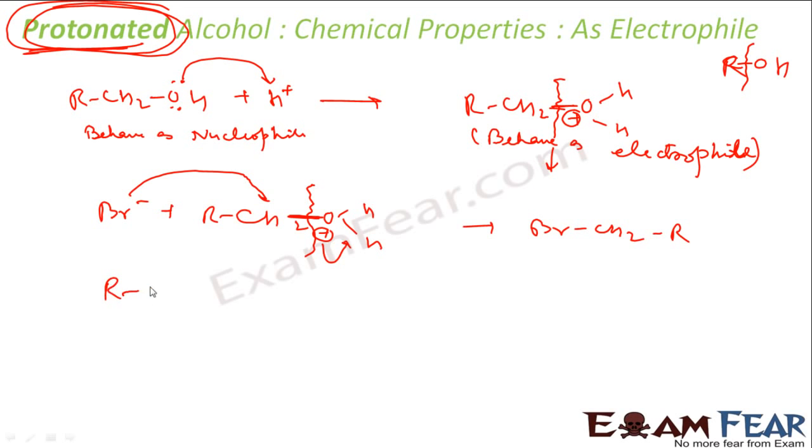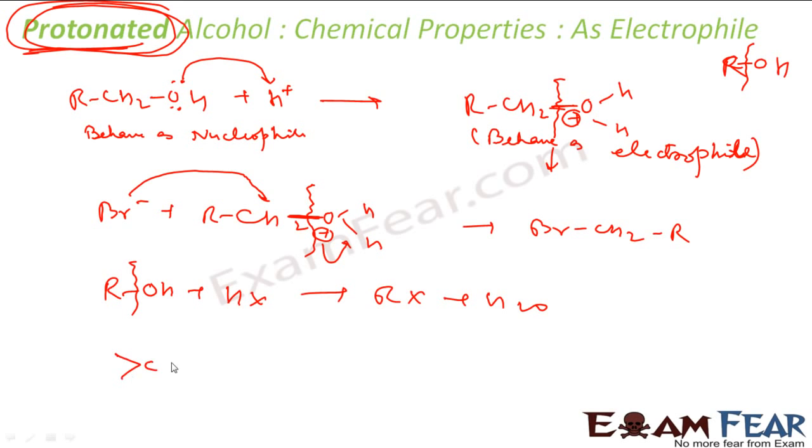So if I have ROH and you react with HX, you get RX plus H2O. Here also this CO bond breaks. Or in dehydration, you have OH and H in the presence of H plus, and you give some heat. What you get is an alkene. Here also the CO bond breaks.